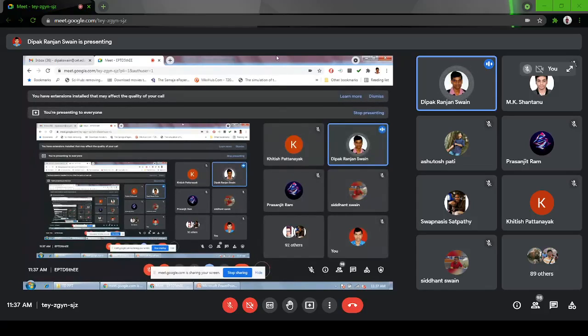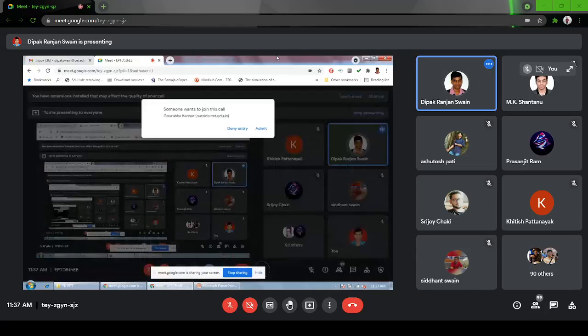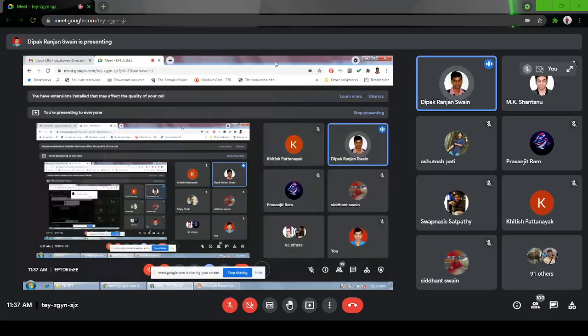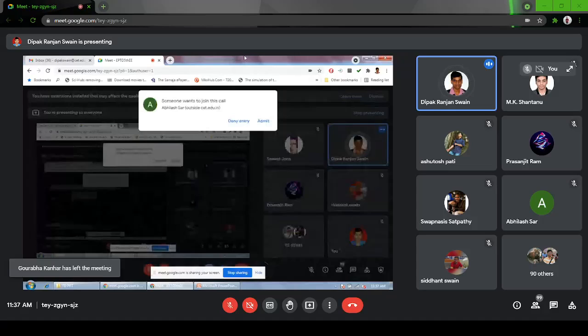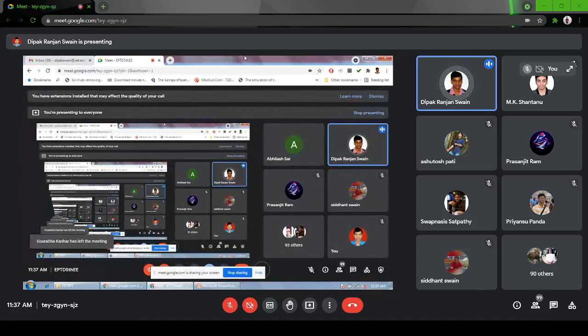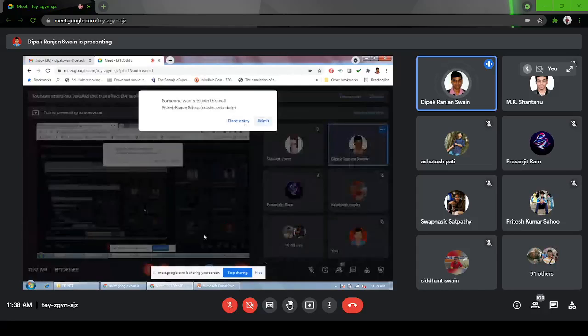I don't know, the PC I am using now is one of the old PCs of 2008, so I don't know whether it will support two simultaneous Google Meets or not. But still, next class onwards I will try to get two Google links. I think that class somebody told it is the first class, therefore so many students are there. The second class onwards may not be. Let us manage with this class. Next class, I will give two different Google Meet links for section A and for section B, so there will be no cap of 100. Okay, so let us continue with the class.